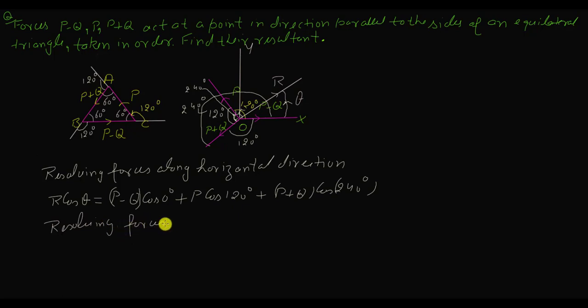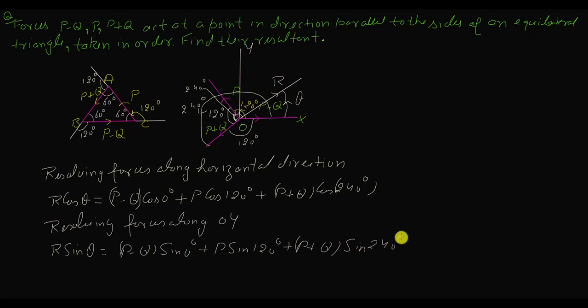In this case, you simply write sine instead of cos, because that direction is perpendicular to horizontal. Sine 0 plus P sine 120 degree plus P plus Q sine 240 degree. Done. So now I will be solving this one.